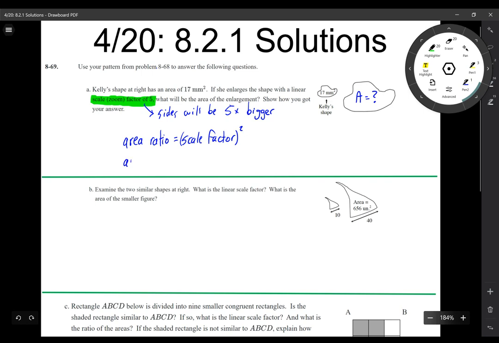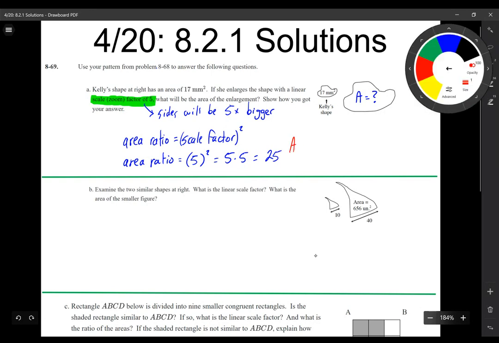That means that the area ratio is actually going to be equal to that scale factor of 5 squared. And that is obviously 5 times itself, which means 25. So we actually know that the area will not be 5 times bigger. The area will be 25 times bigger.